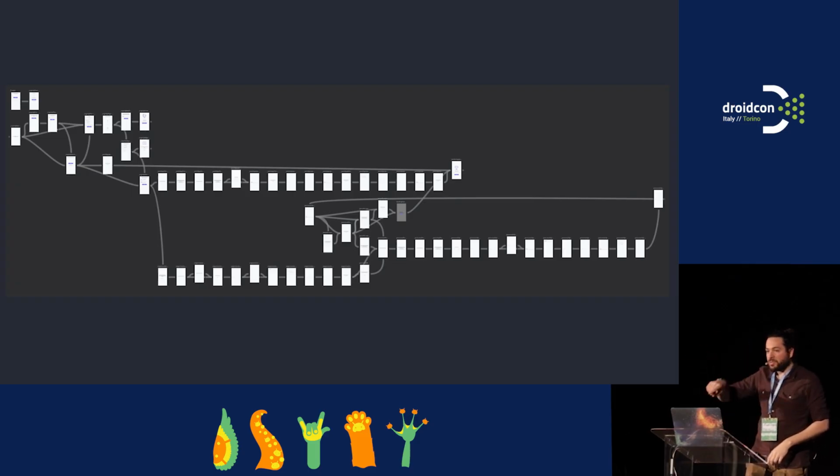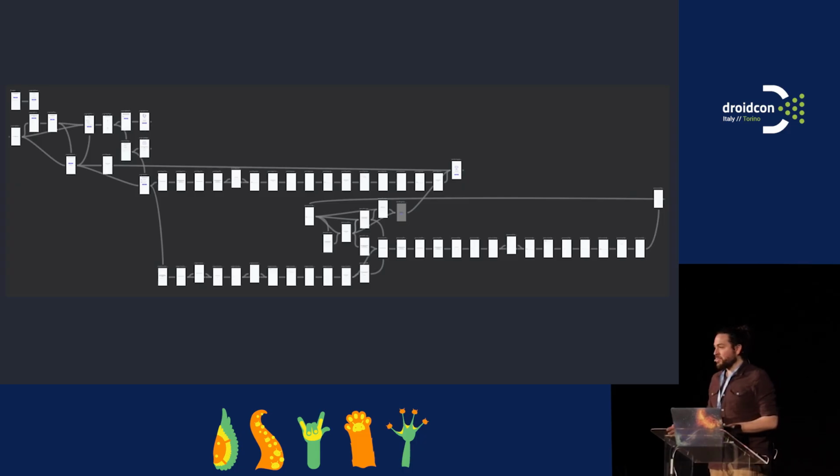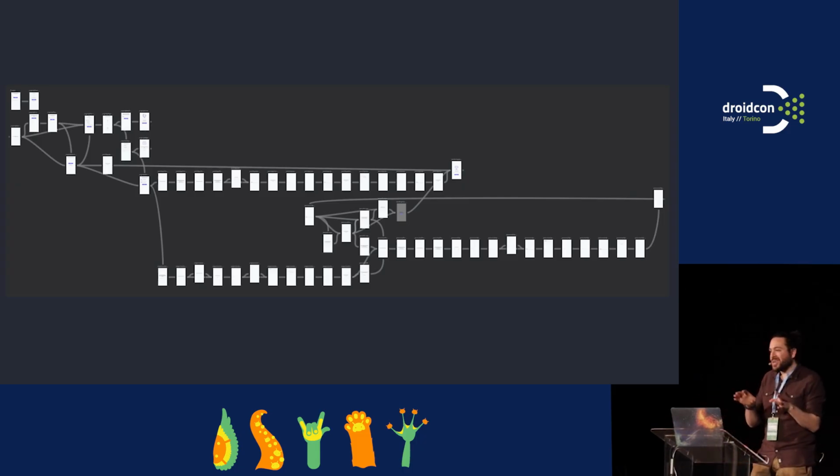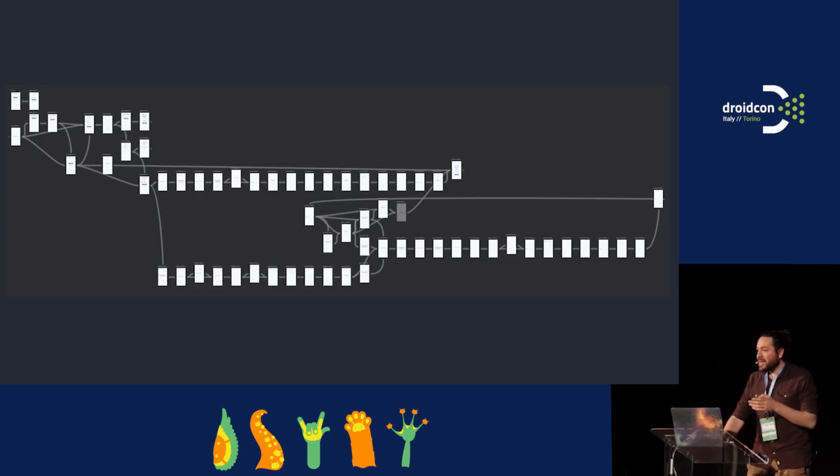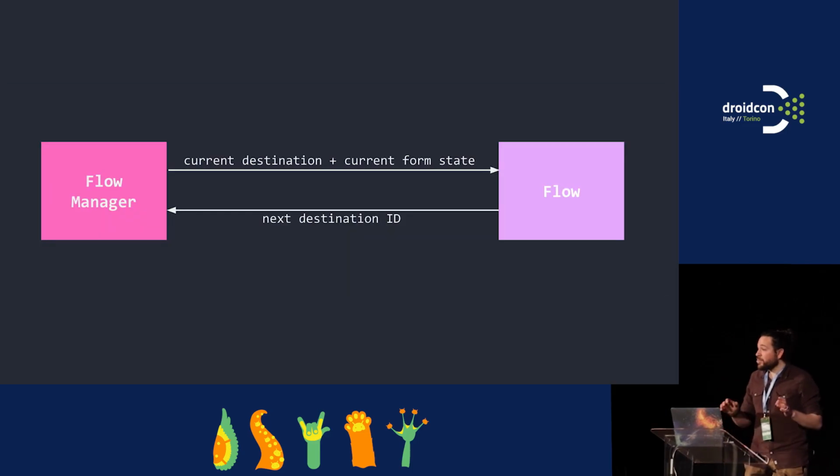For real, you will have to deal with this kind of very real flow. Let's see how to simplify that, because of course there is something complicated that we have to implement. But let's try to make it simple to understand and simple to maintain.